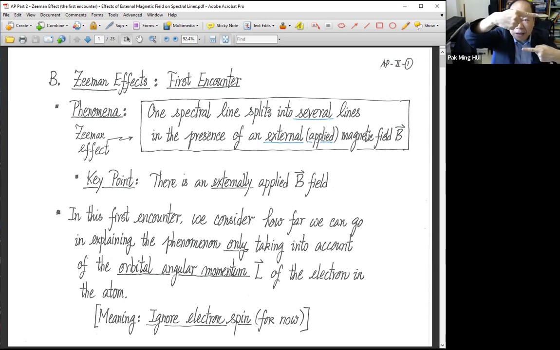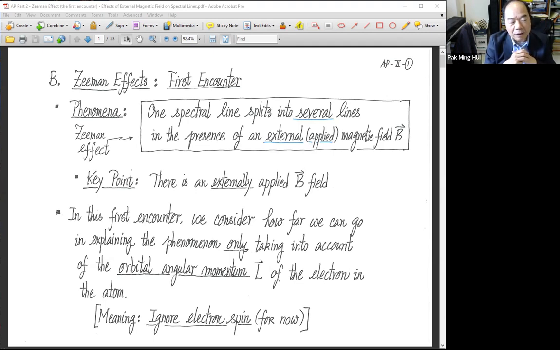In the 19th century, this particular transition would give us one line in the Lyman series. I think it's in the ultraviolet, just one line, okay? Then what is the Zeeman effect?